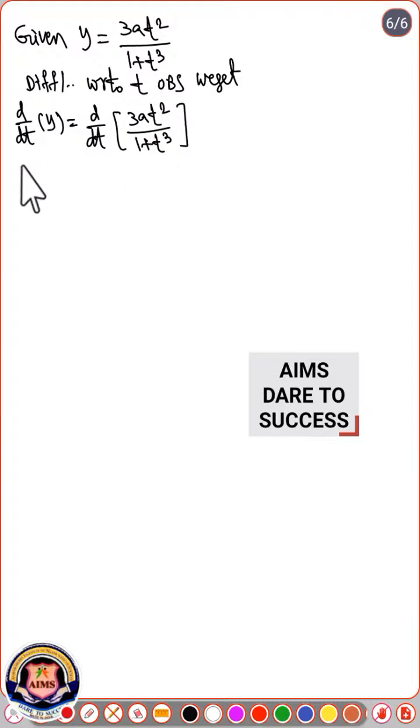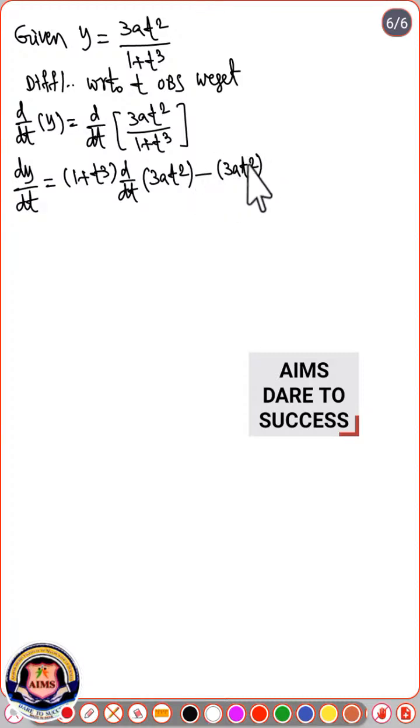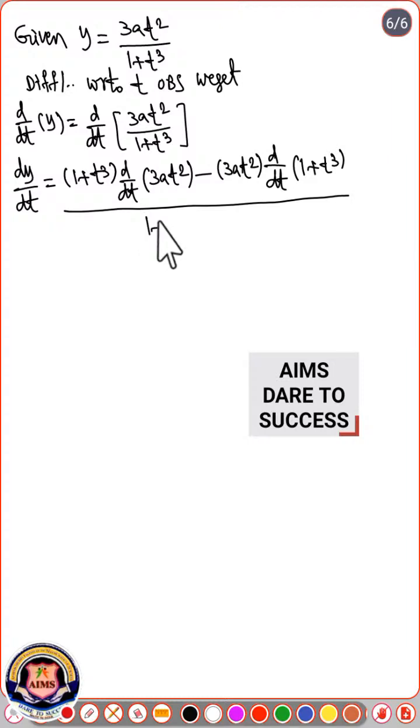UV formula we have already written previously. So dy by dt is equal to, first write denominator 1 plus t cube into d by dt of numerator 3at square. Then keep minus numerator, write as it is, 3at square into d by dt of denominator 1 plus t cube, whole divided by denominator whole square, that is 1 plus t cube whole square.